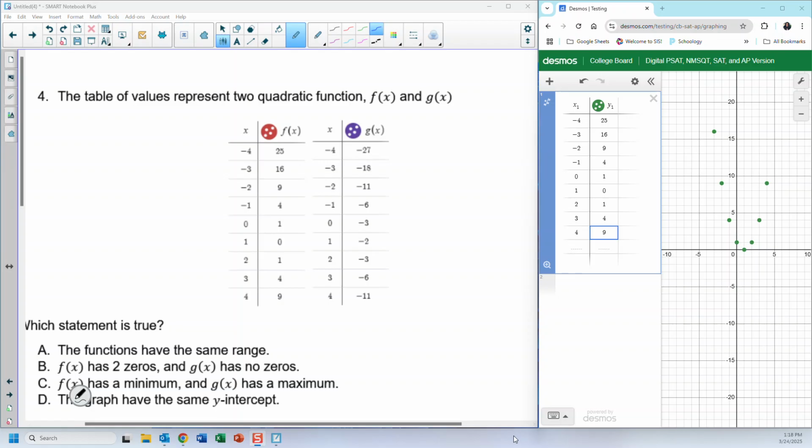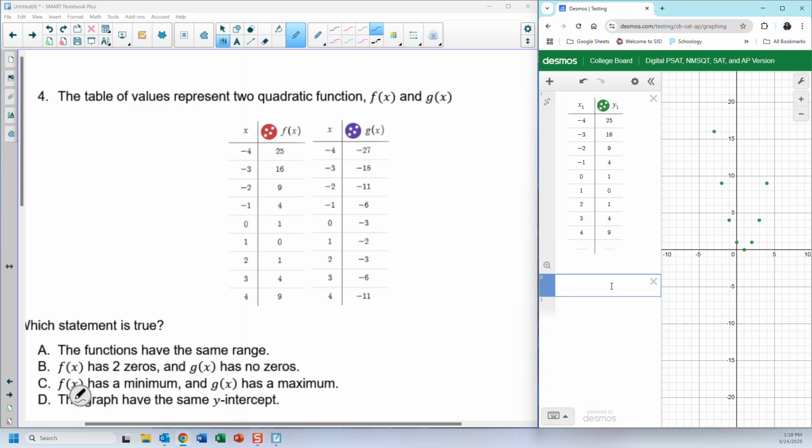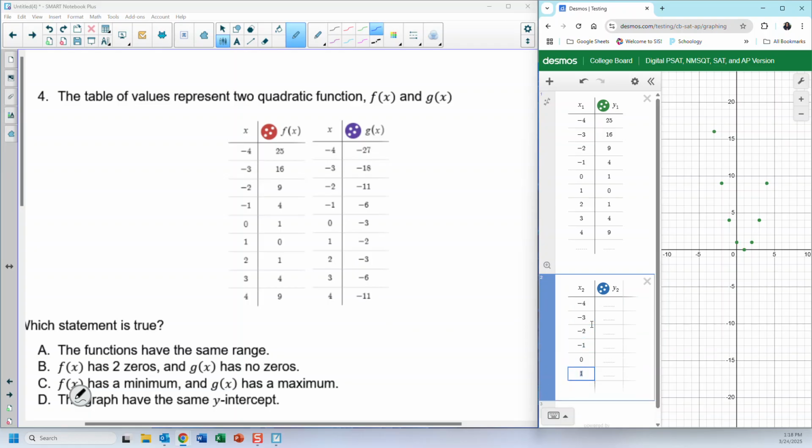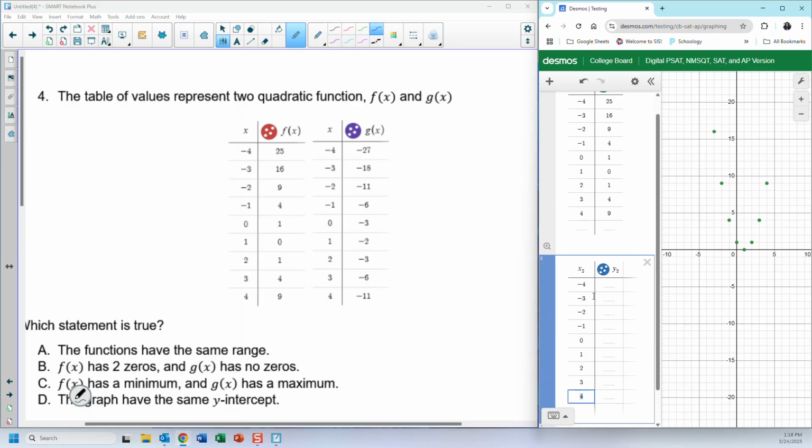So when I graph the first table in here, it looks quadratic, right? It has that shape right there. Let me go ahead and type the next one in. So again, I'm going to press the plus button again, and then I will press the table, and then I'm going to plug these numbers in. -4, -3, -2, and then keep going to 4, and then plug these values in.